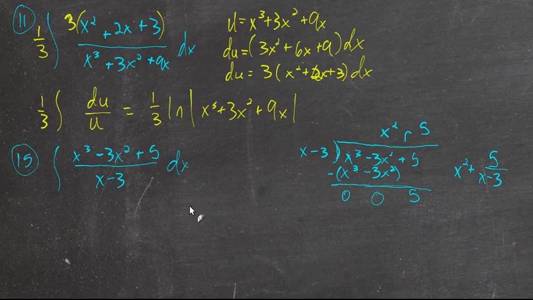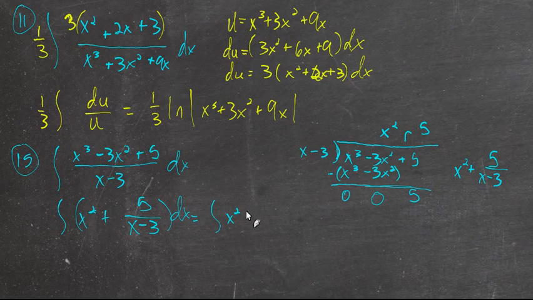So the reason we do this is we can rewrite this as the indefinite integral of x squared plus 5 over x minus 3, and we got the dx there. And now we have two separate integrals. We have this one, the indefinite integral of x squared dx.